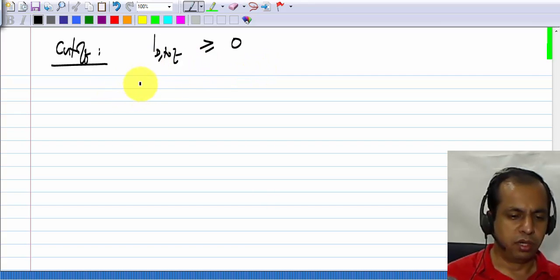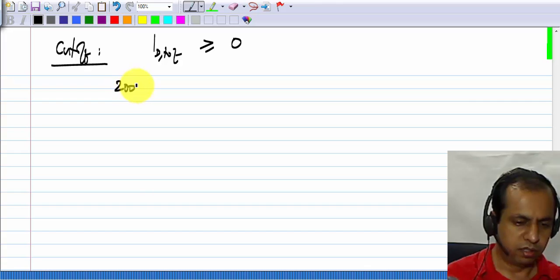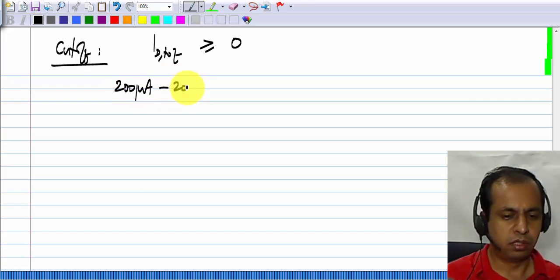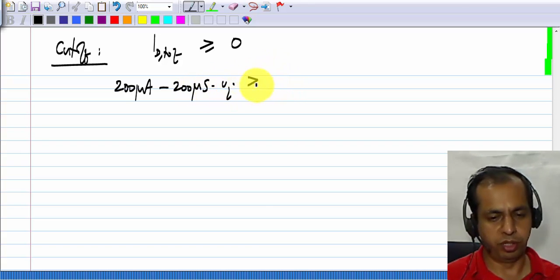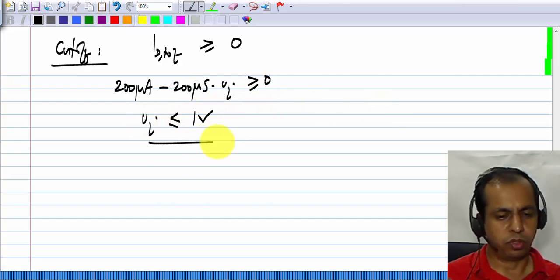And what is the total drain current? That is the quiescent current 200 microamperes minus 200 microsiemens times Vi should be greater than or equal to 0, and this tells you that Vi should be less than or equal to 1 volt.